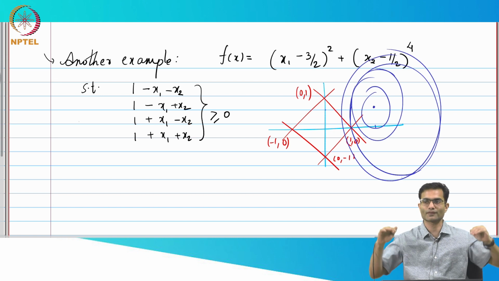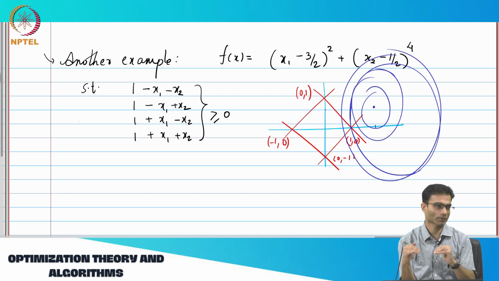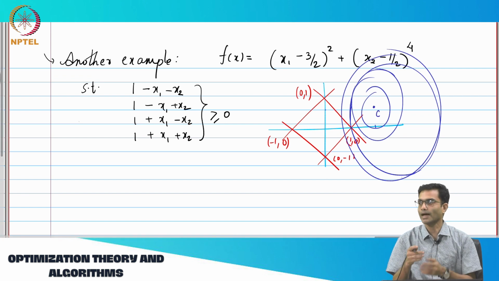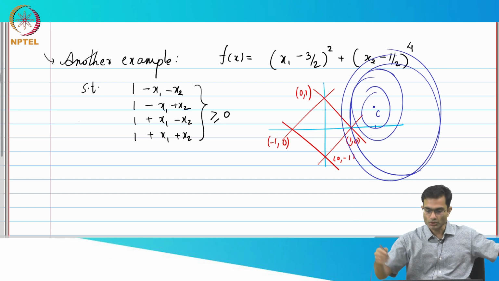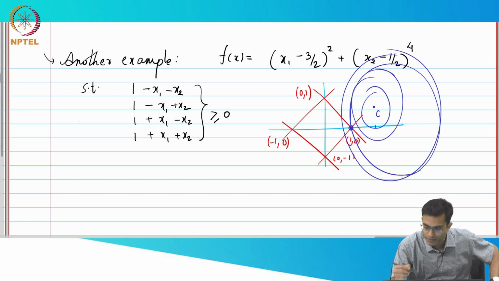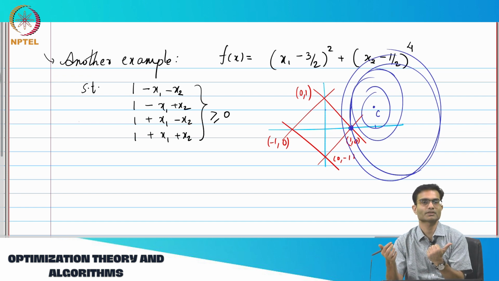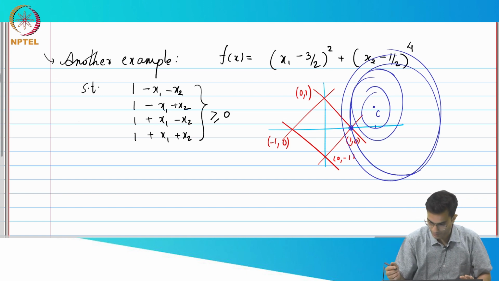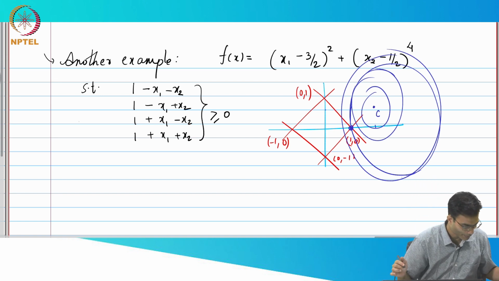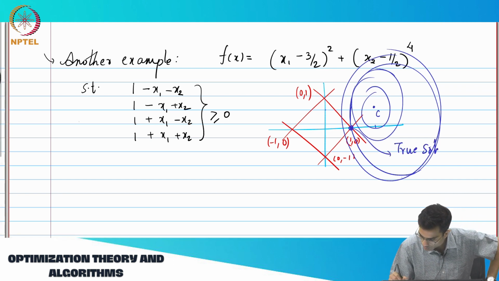As the contours grow, the function value is increasing. The least value of f is at the dot, the center C over here. As I start increasing the function values, these contours grow bigger and bigger. So the point at which this touches over here is actually the solution to this problem, because if I go any further into the feasible set, the function value is going to increase. You have to take my crappy drawing at face value for believing this. So this happens to be the true solution.